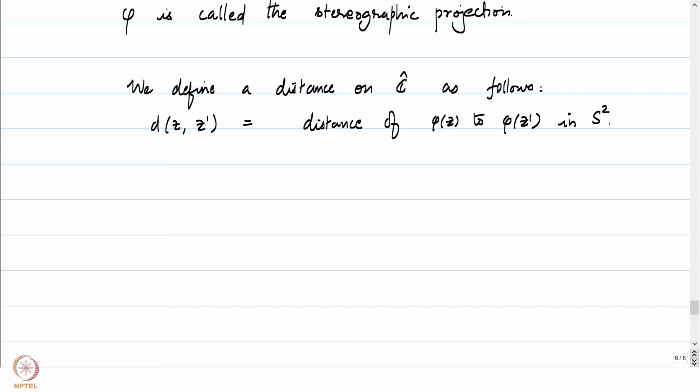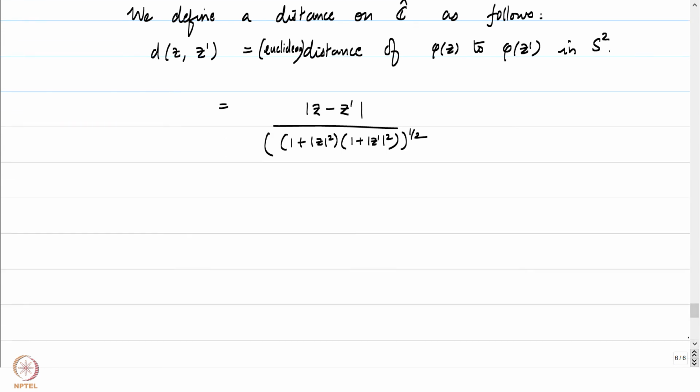So this distance is the Euclidean distance. And the explicit expression is just going to be the following: d of z, z prime is equal to 2 times mod of z minus z prime, divided by the square root of 1 plus mod z square into 1 plus mod z prime square. Now this is the case when both z and z prime are not infinity, the point at infinity.